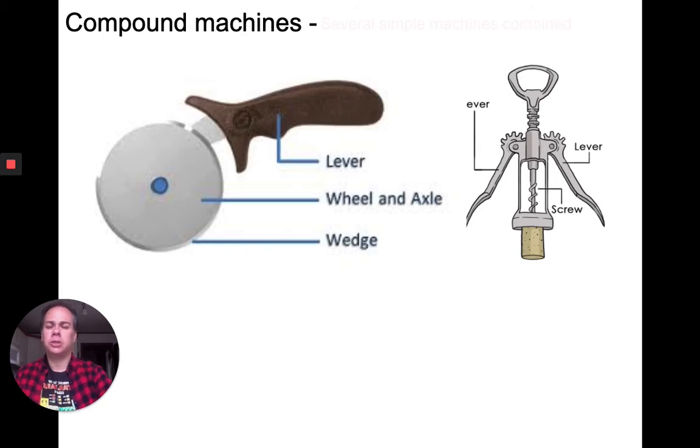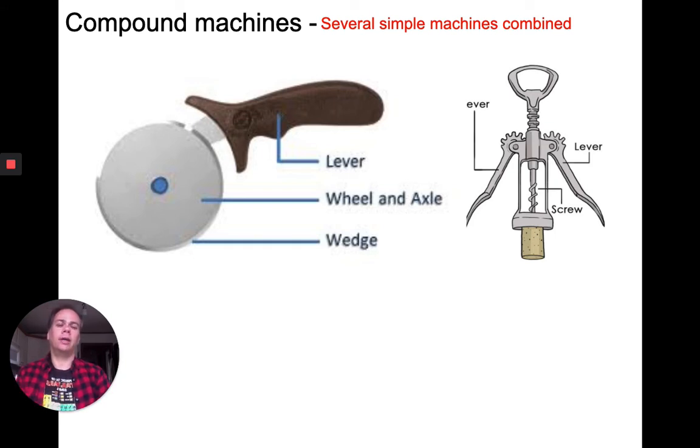A compound machine is just several simple machines combined together into one device to perform a certain task. And there's lots of examples. Most machines that you might have around your house are compound machines. They have different parts to them that allow them to work.